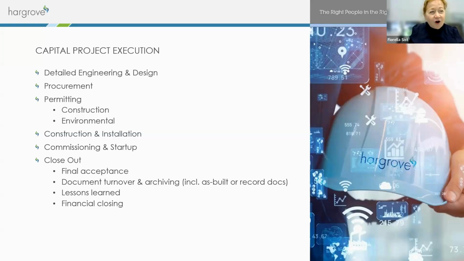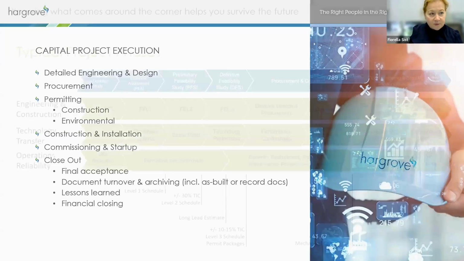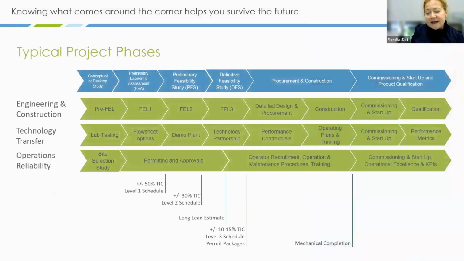All right. So all of those activities that I mentioned need to come through. If we look at that, and I put that just on one slide, you have that engineering and construction, first green row going through the FEL stages that then leads to the detailed design, construction, commissioning, right?